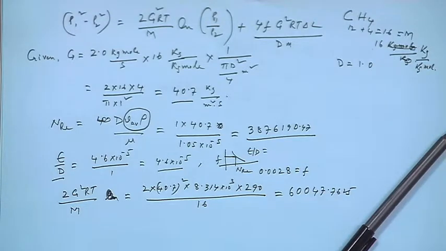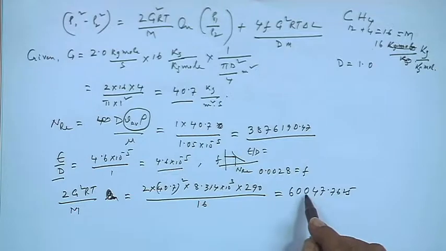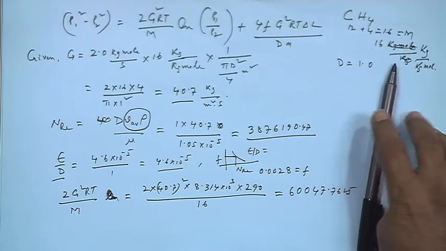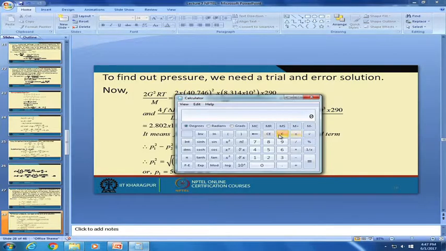This is coming to be equal to 1, 2, 3, 4, 5. Oh, no, we missed out this. So that is what the problem is. When you do this, you miss something or other.